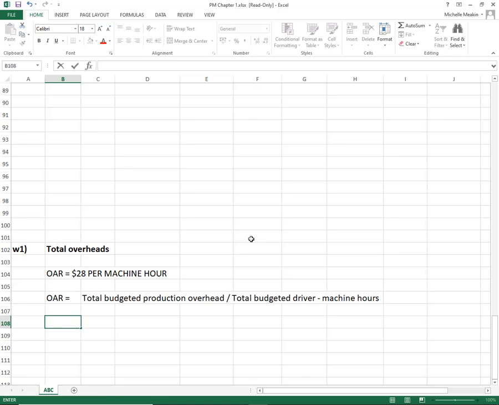To get production overhead on its own, I take the budgeted driver and I move it to the left-hand side of the equation. So OAR times total budgeted driver, which is our machine hours, must be equal to my total budgeted production overhead.